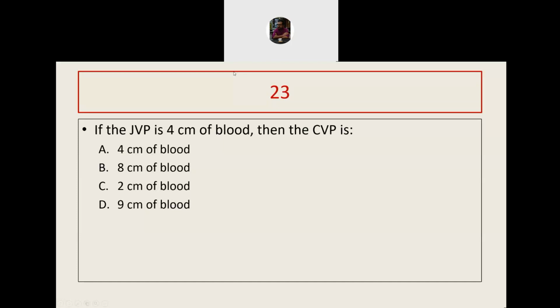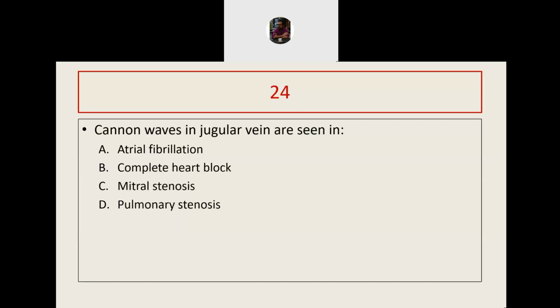If the JVP, that is jugular venous pressure, is 4 centimeter of blood, what will be the central venous pressure? Wonderful. That will be 4 plus 5, that is 9 centimeter of blood. Cannon waves in jugular vein are seen in.